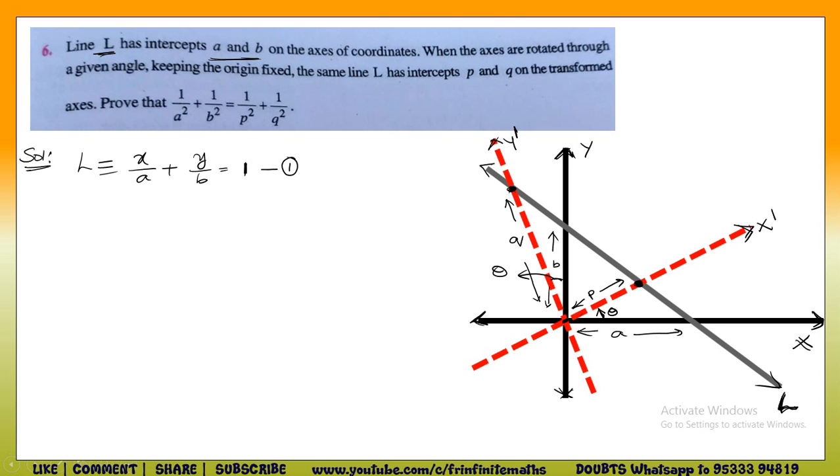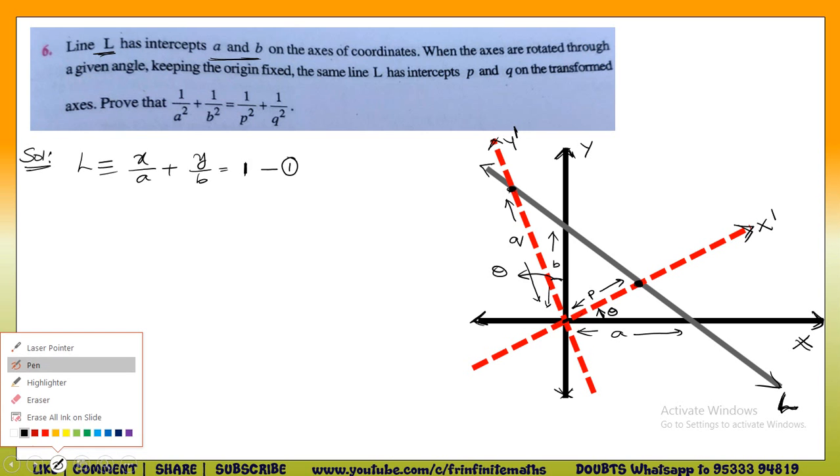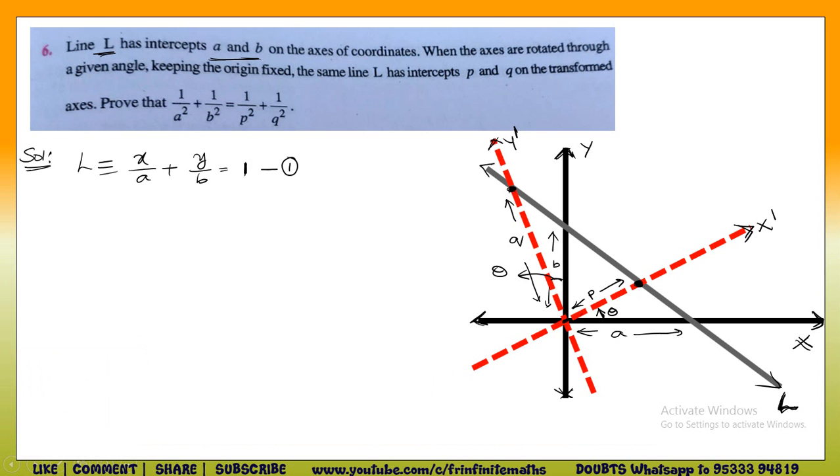Now to find out the line equation when coordinates are rotated through an angle theta, I am going to make some constructions. Let us see this. From this point I am going to drop a perpendicular. The same way from this point I am going to drop a perpendicular. If you observe this, these are nothing but the perpendiculars dropped.